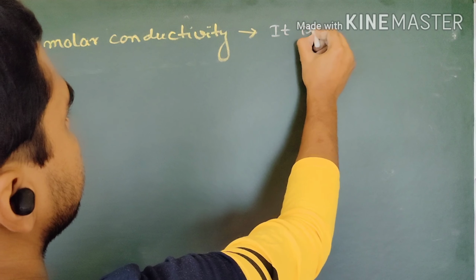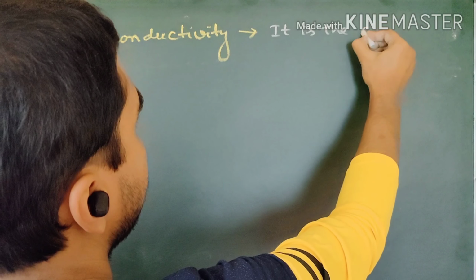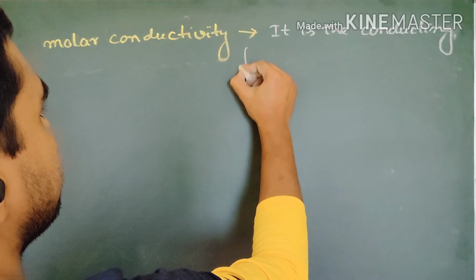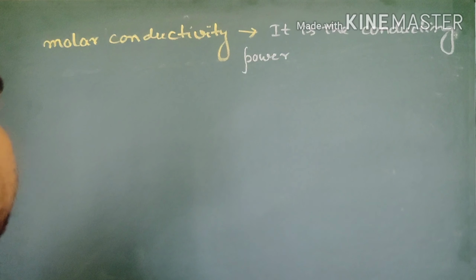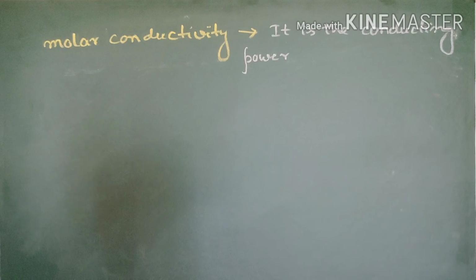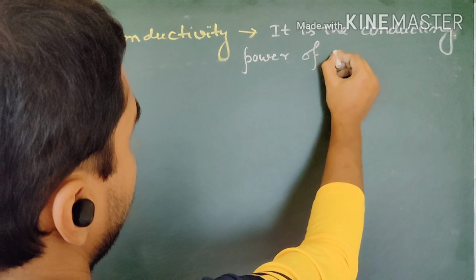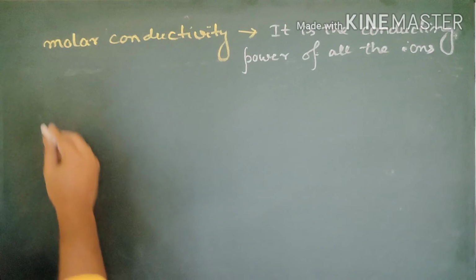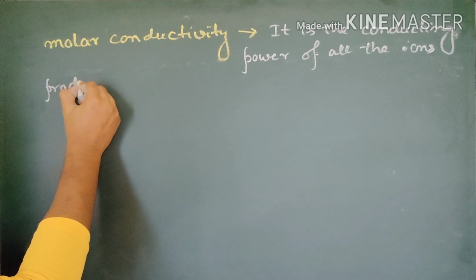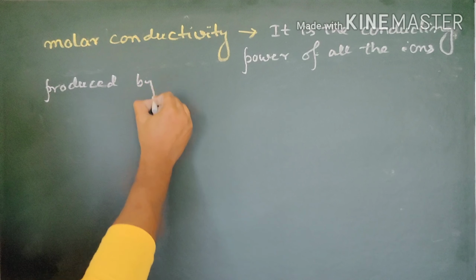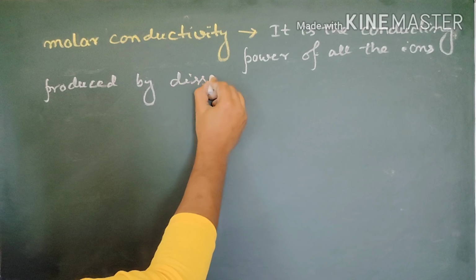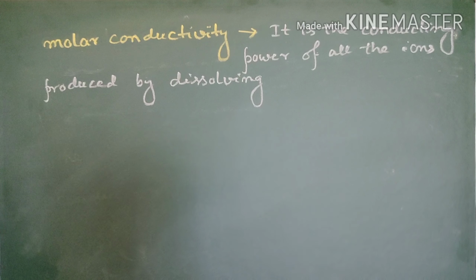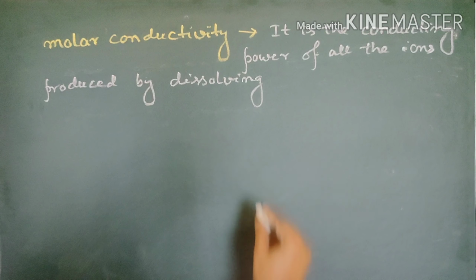It is the conducting power of all the ions produced by dissolving 1 mole of an electrolyte in solution.